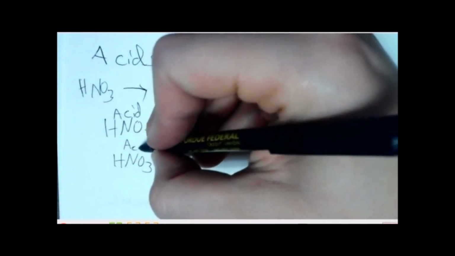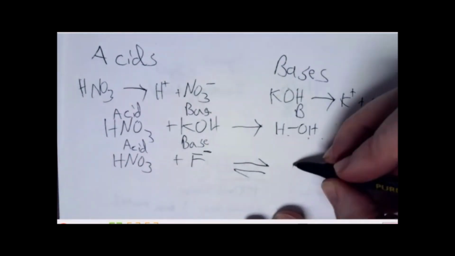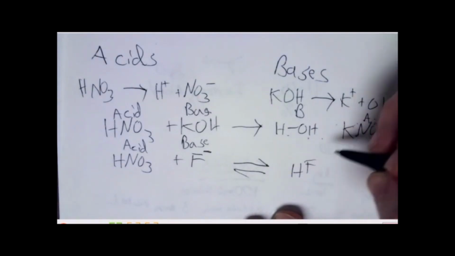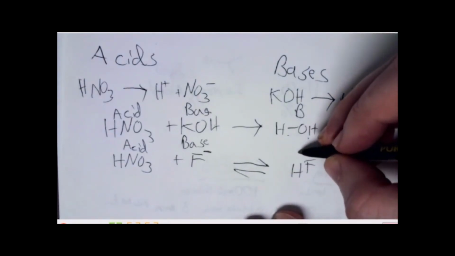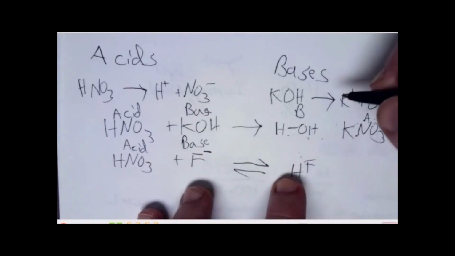And the beauty of this is that now we don't have to have a hydroxide. If I just wanted to put F minus, this is still our acid, but now we have this being a base. As we draw the arrow, we have HF, which is gone from the acid.